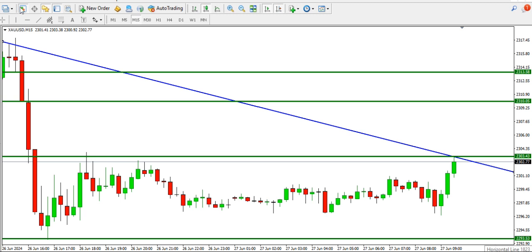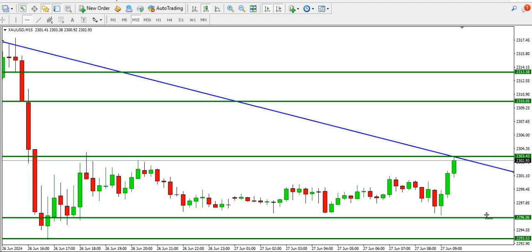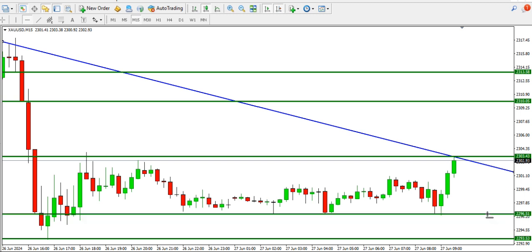The first inner range bottom is at 2296, and the outer range bottom is at 2293. So when I see price dropping back to 2296 and 2293, but a break above 2303 or 2304 thereabout, we might see price getting to the 2310 and 2313 levels.